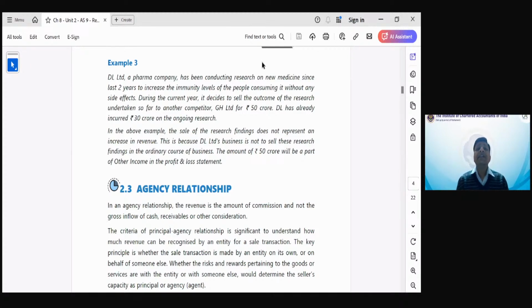Asta says it will be shown as part of other income. Yeah, very good. Of course, because in the P&L, after revenue, you can show any other income that you have. So some of these incomes that you generate will be called other income. Clear?